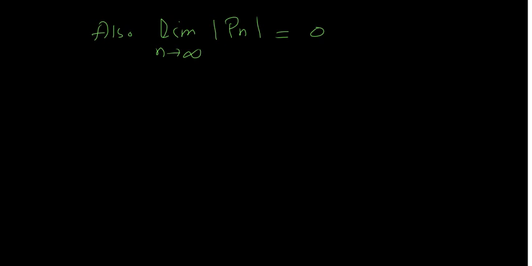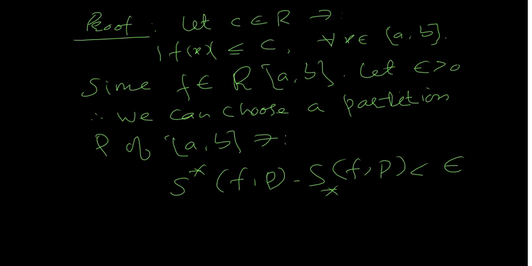So we choose n naught so large such that the mod of Pn is less than the lengths of the subintervals of this particular partition P, because it's a fixed partition. Let me write this partition: x naught, x1, so on, xn, which is equal to P. This is a fixed partition.